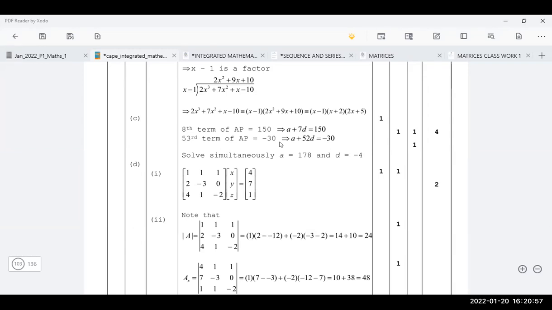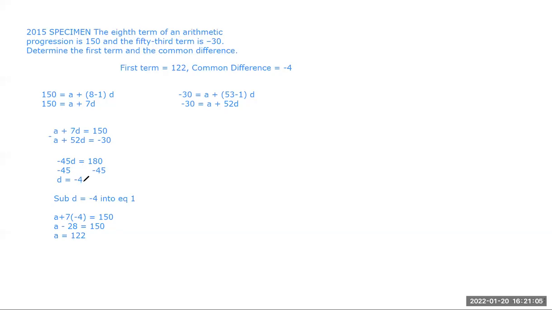Yes, sir. All right, so share back your screen now so I can see where it was off. Let me see what happened. All right, what happened here? The two equations are correct. You subtract 7 minus 52, 150 minus 30 is 180. Divide by 7 minus 52.